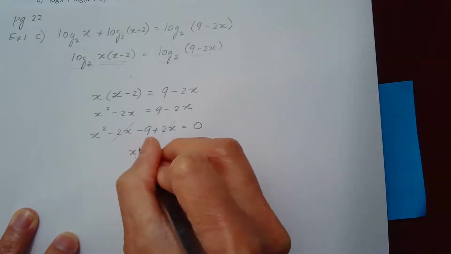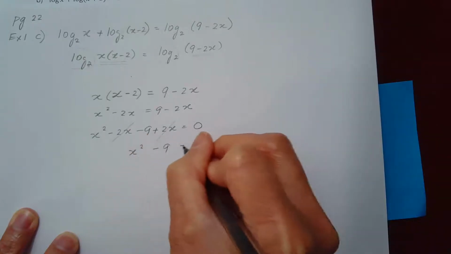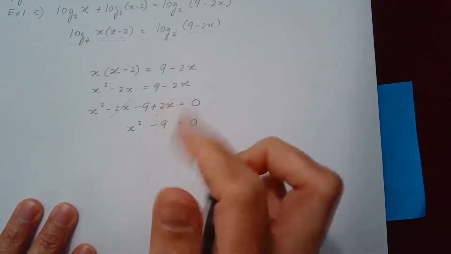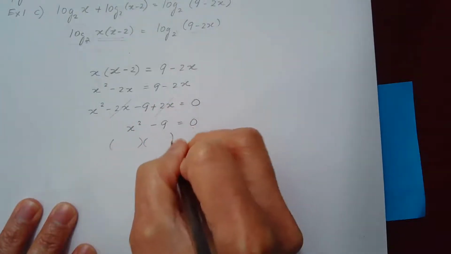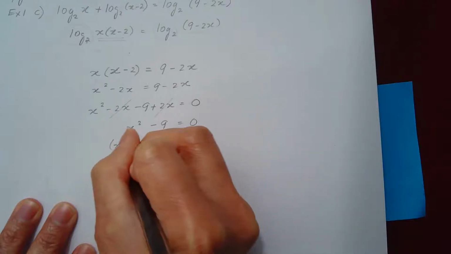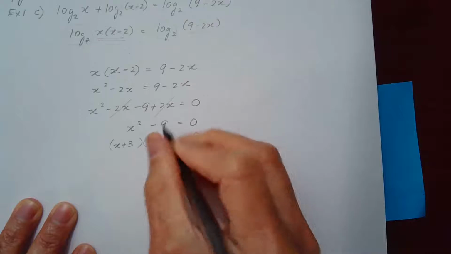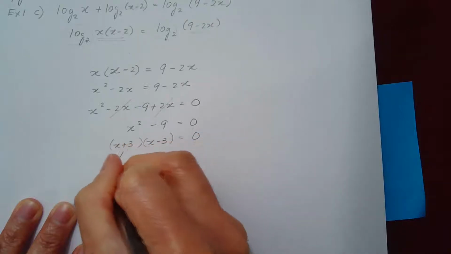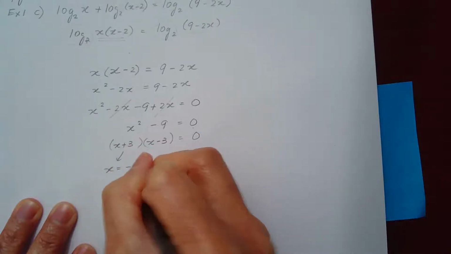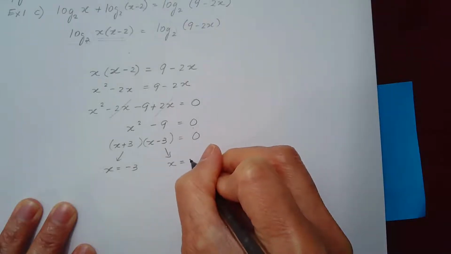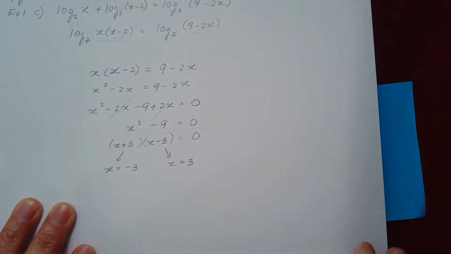So we're left with x squared minus 9 equals to 0. So this is called the difference of squares. We can factor that out certainly. So this is x plus 3, x minus 3. So we have two possible answers. x is equals to negative 3, and then x is equals to positive 3.